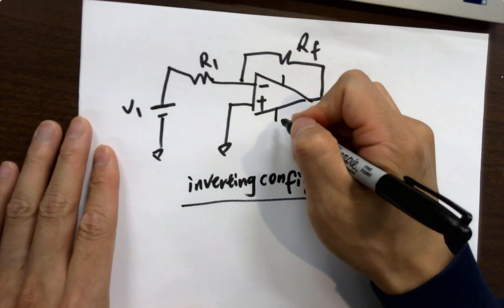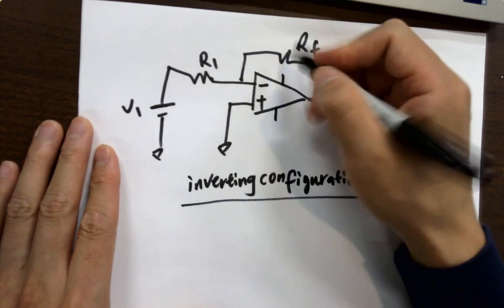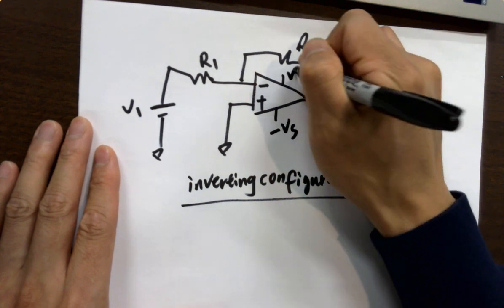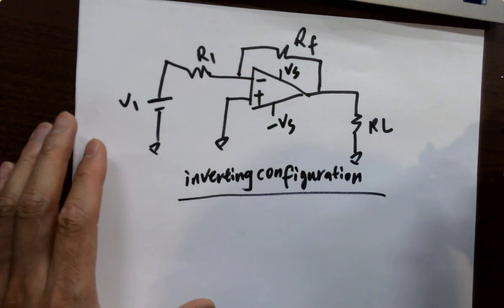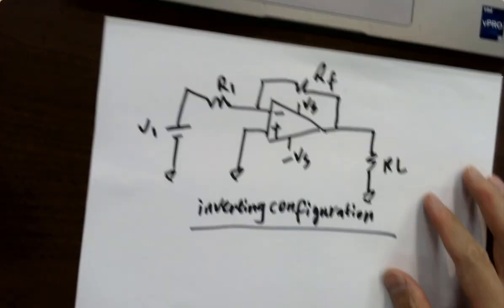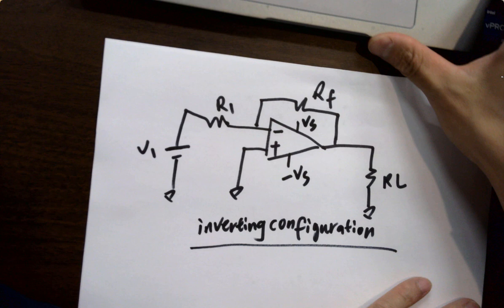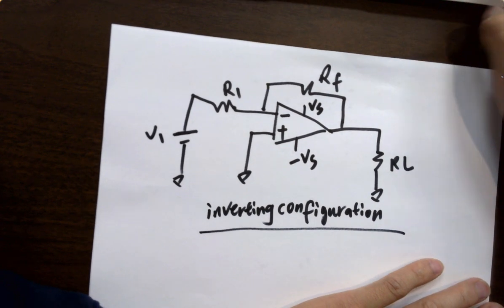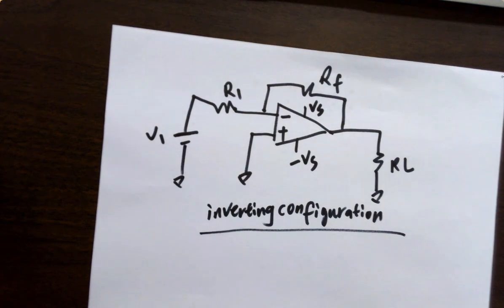You could either ground it or provide a negative voltage here. It could be very confusing, but now let's just try to seal this in your mind, okay? So this is a very typical connection of the amplifier, and this is called an operational amplifier.